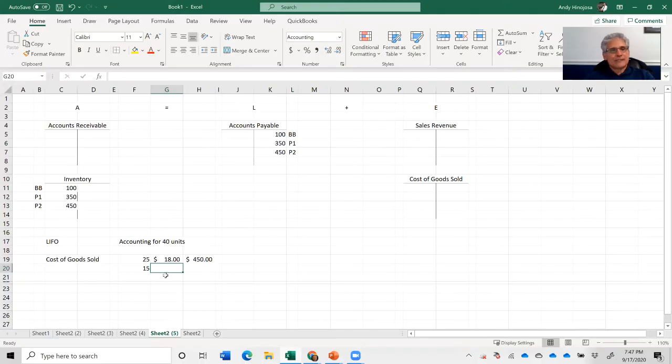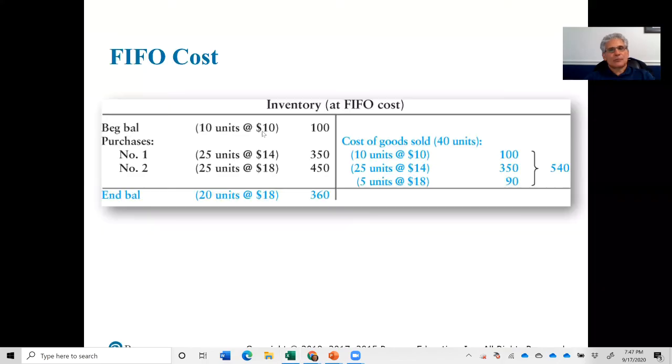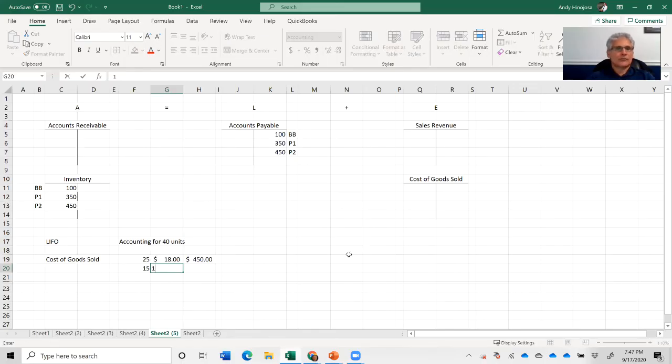So 15 times, what was the price? $14. So now our cost for those 15 units is $210. Now we're going to add this all up. And so our cost of goods sold in this example is 660.